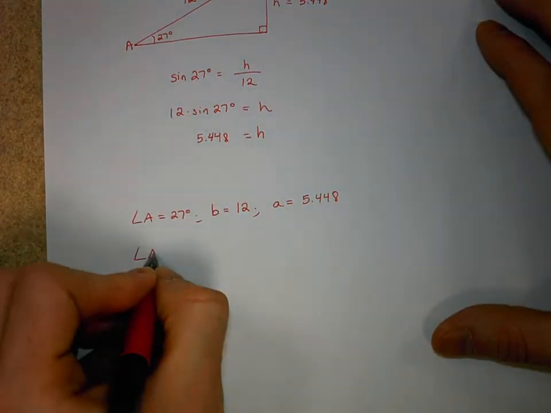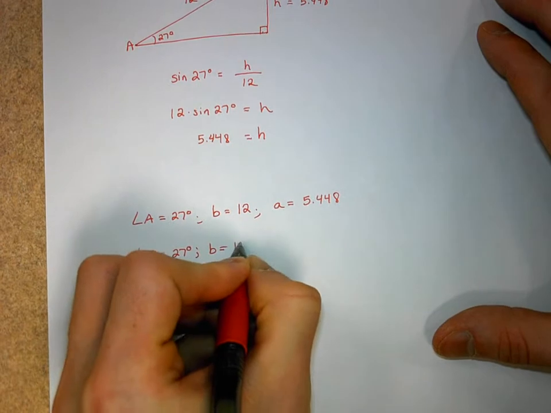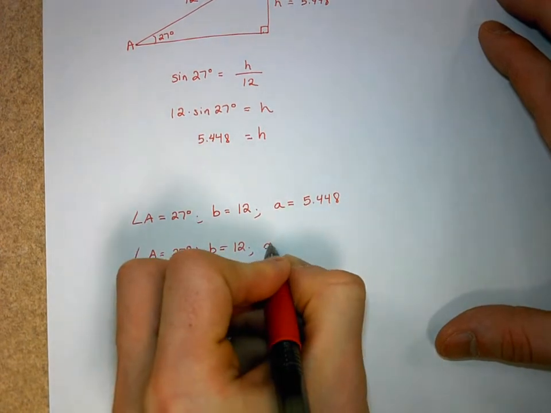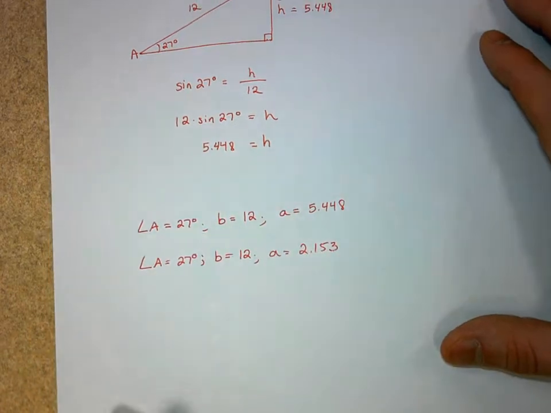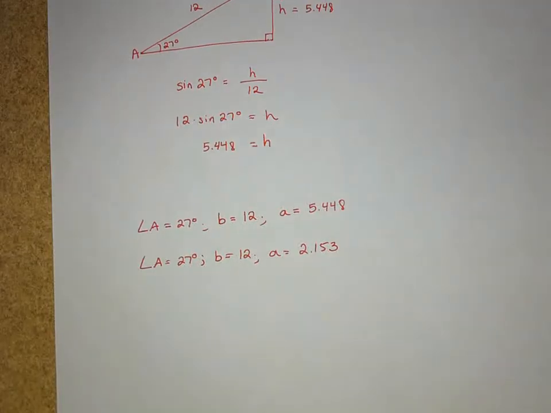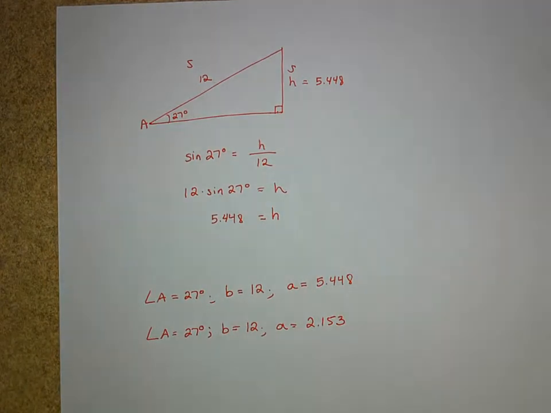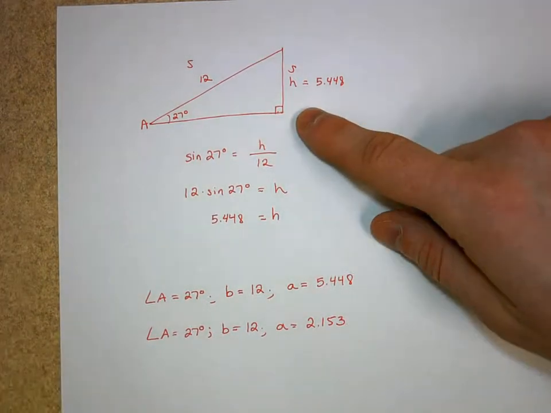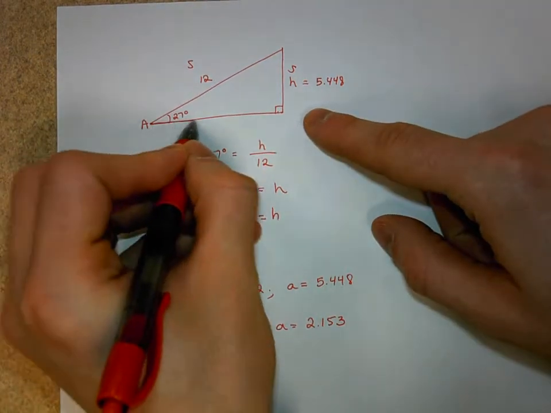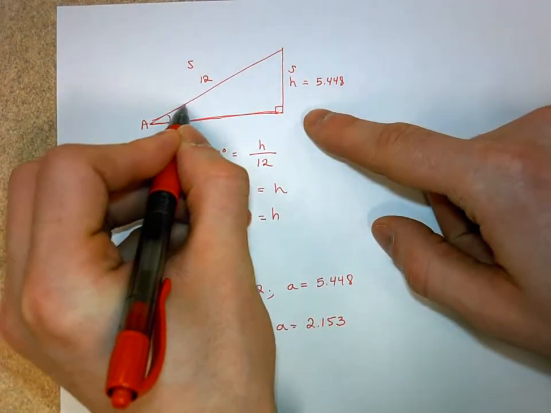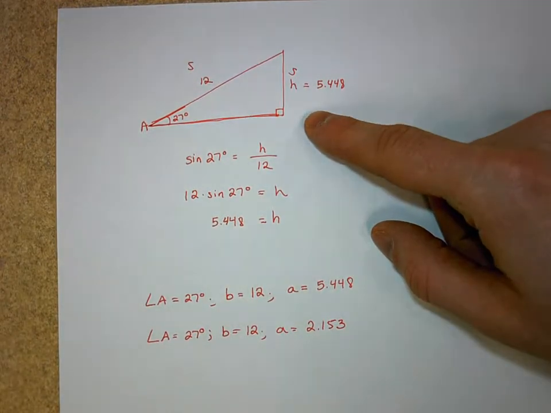But let's say I gave you angle A is 27 degrees, side B is 12, and side A was 2.153. What would happen to our triangle then? If you're the deductive type of person, you would say, given that this is 27 degrees, this line has to be down here and this angle is going off at 27 degrees.